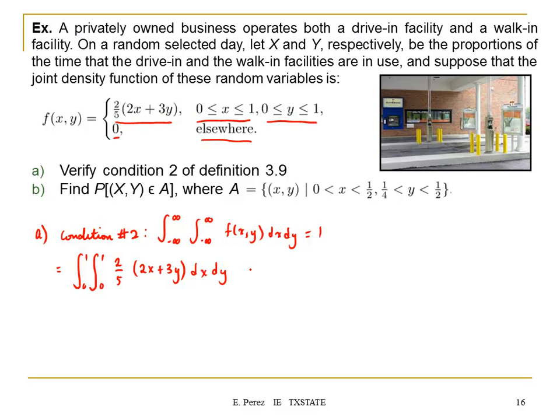Let's work on this really quick. So 0 and 1, the first integration equals 2x squared divided by 5 plus 6xy divided by 5, and this is evaluated from x equals 0 to 1 dy.